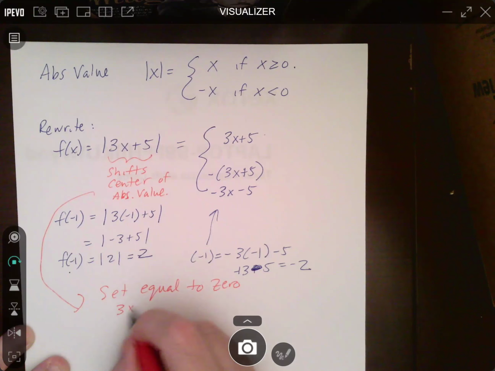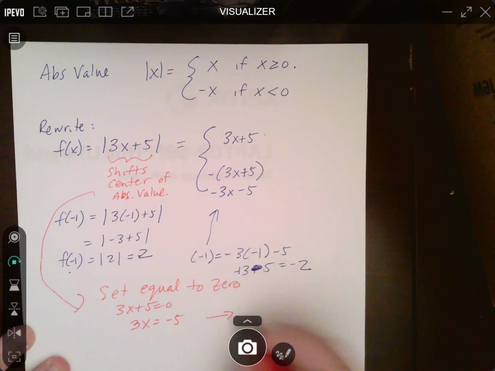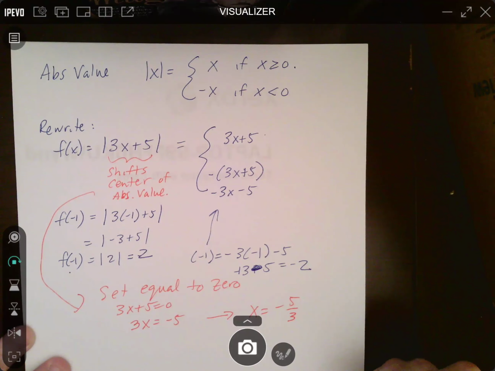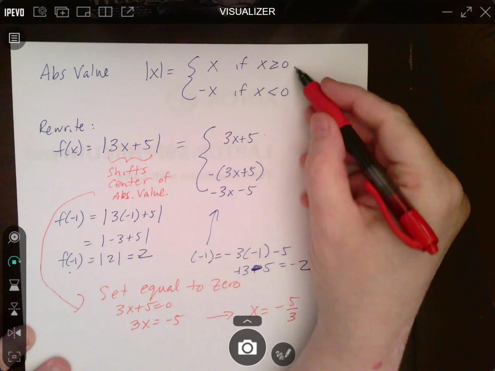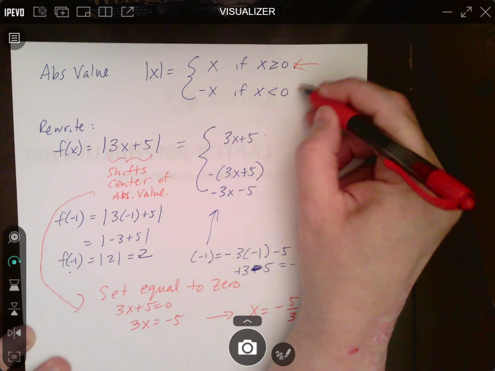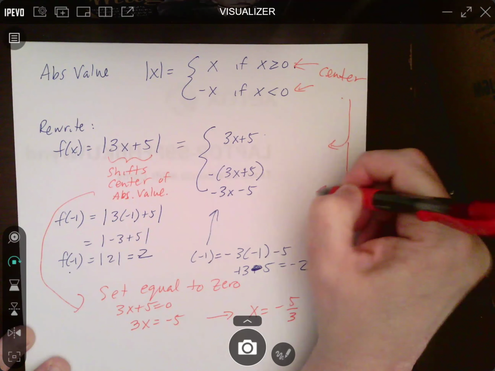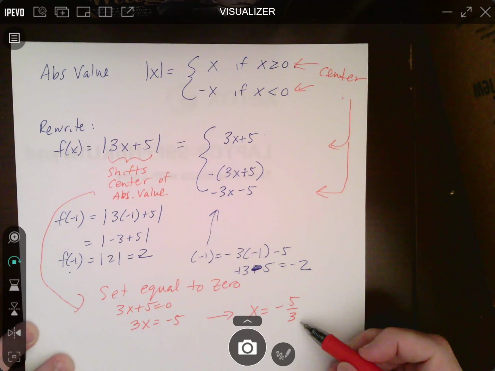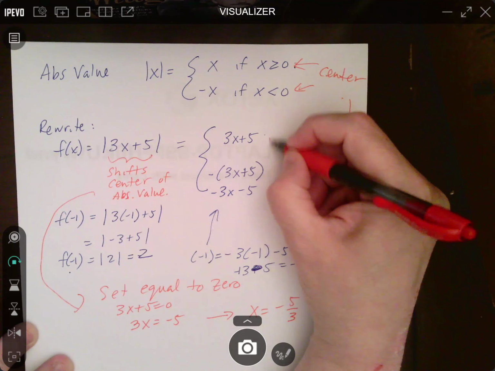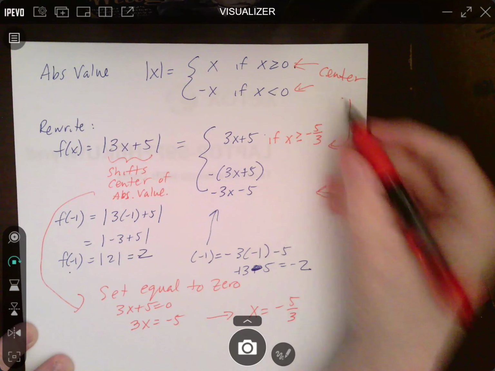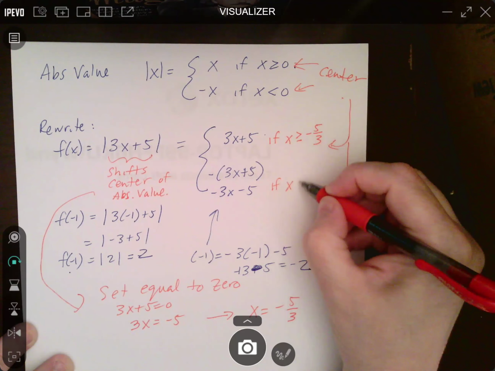We have 3x plus 5 equals 0, and we solve, and we get x equals -5/3. That's our new center. So this is if x is greater than or equal to -5/3, and this is if x is less than -5/3.